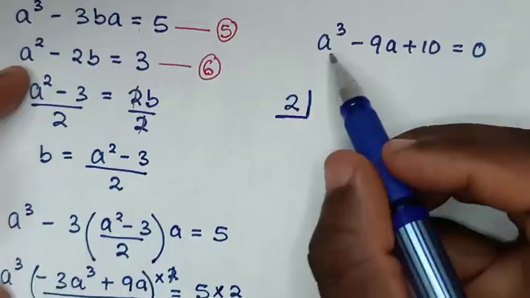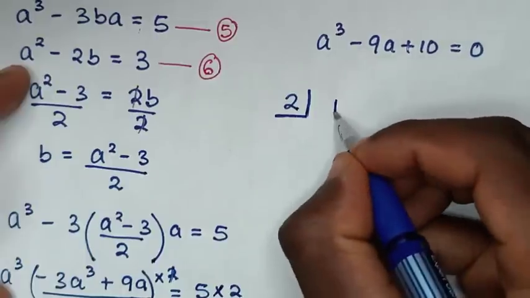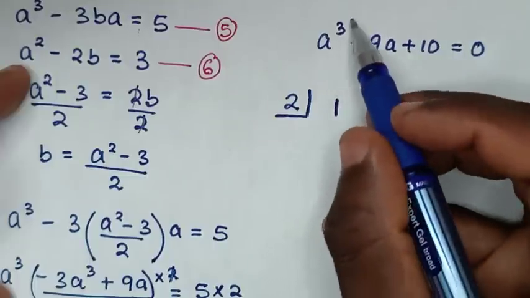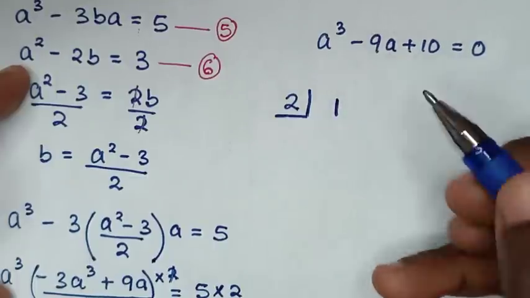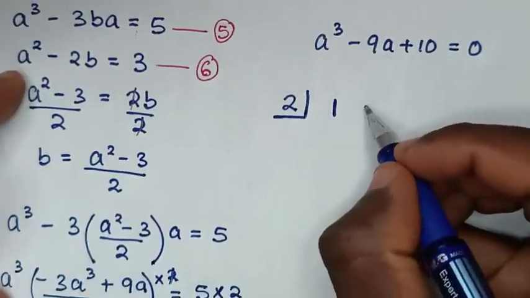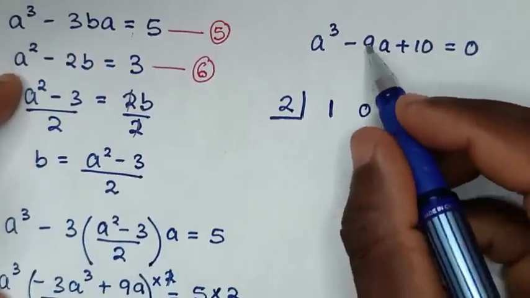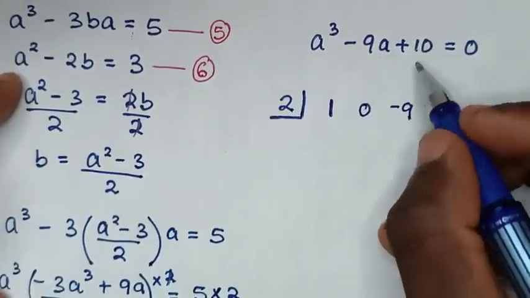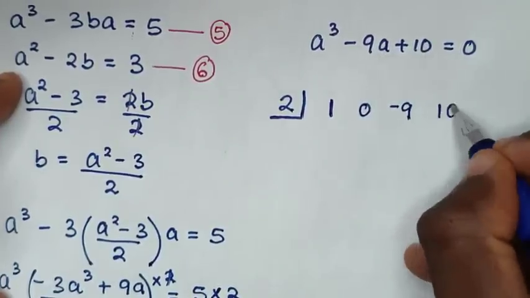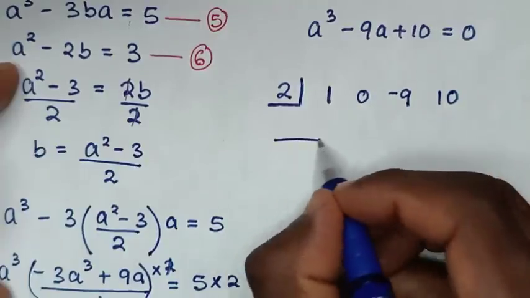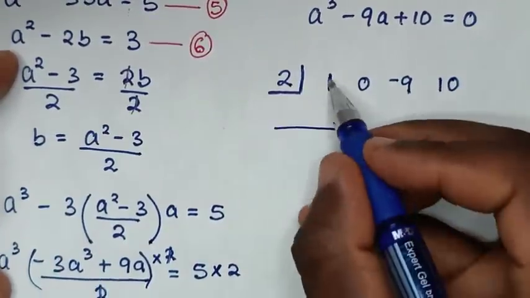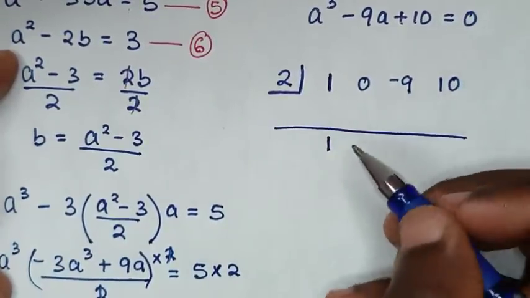Now let's start synthetic division. Now the coefficient of a power 3, it is 1. Coefficient of a power of 2, there's no a power of 2, so coefficient of a power of 2, it is 0. Coefficient of a, it is negative 9, and constant is 10. Then we draw here a line, then we drop this one into here.